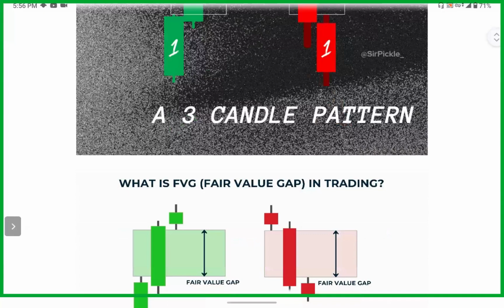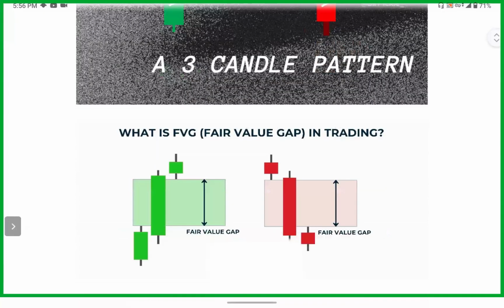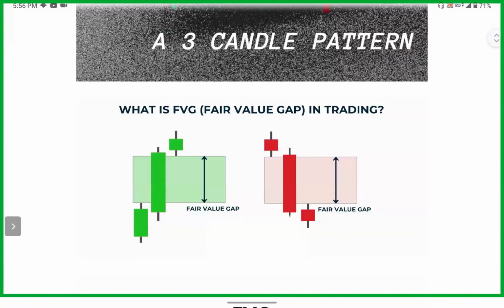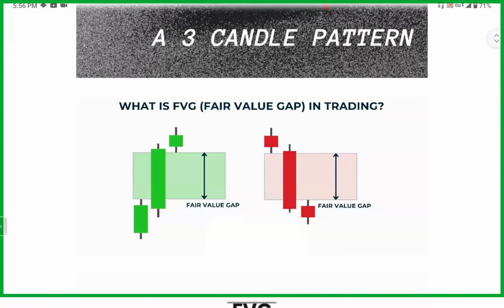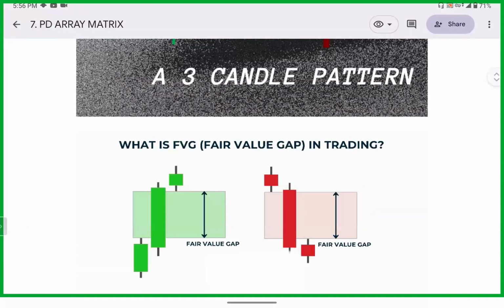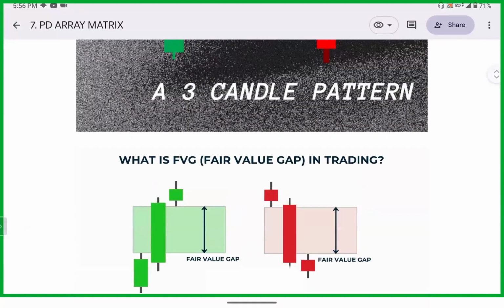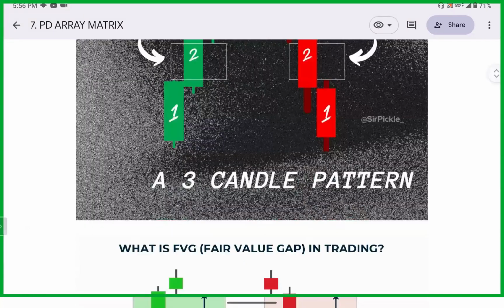When they do not fill this gap that remains, that is a fair value gap. So this is a bullish fair value gap, and this one is a bearish fair value gap. You should put that in mind.